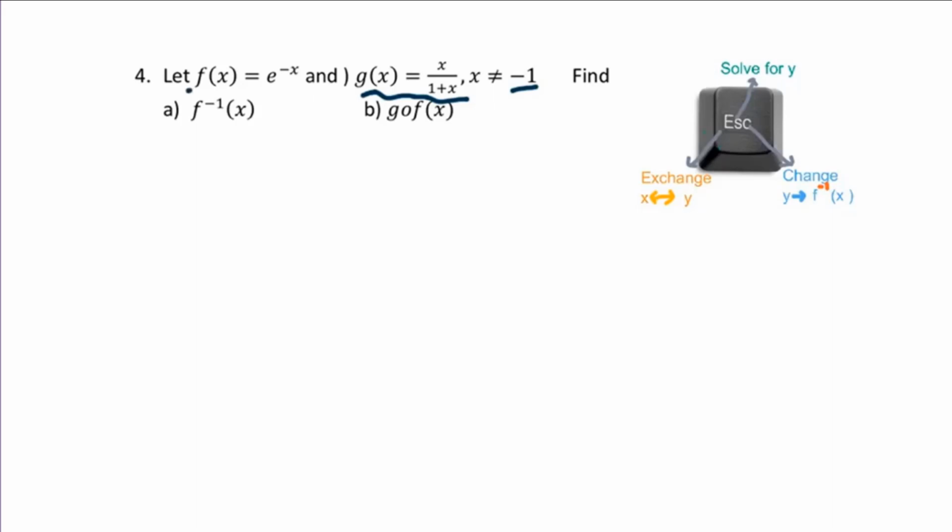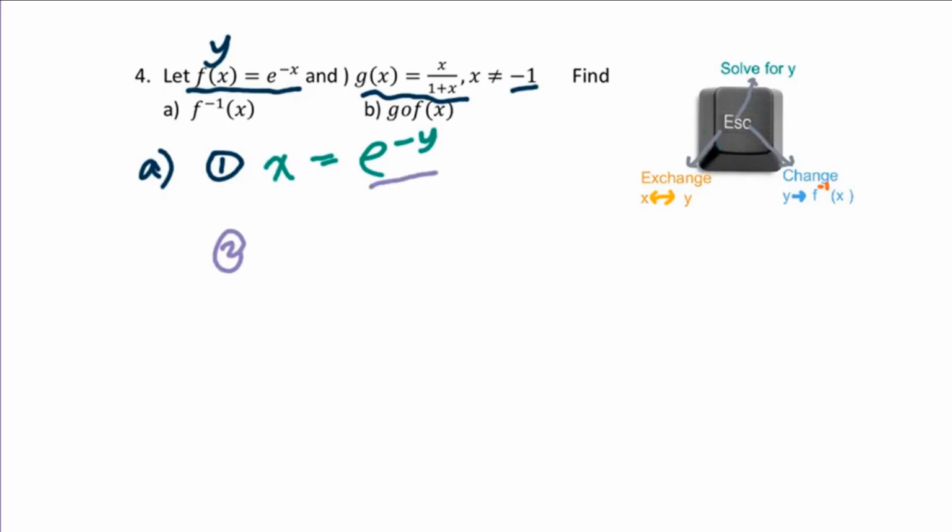So for the given f of x, we know that f of x is y. So first step, exchange x and y, we got x equals e to the negative y's power. Then second step, solve for y. This will be an exponential function.